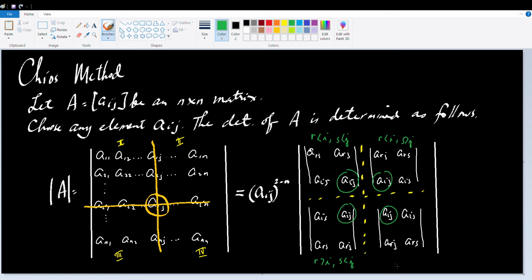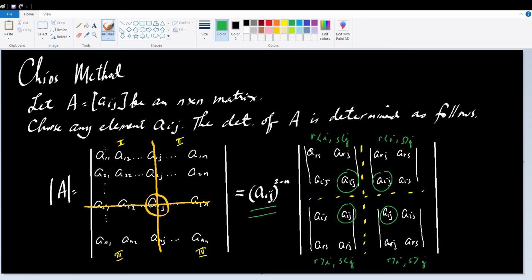For the fourth quadrant, r is greater than i, and s is greater than j. So there is a factor Aij raised to 2 minus n. You can choose any element as your Aij.